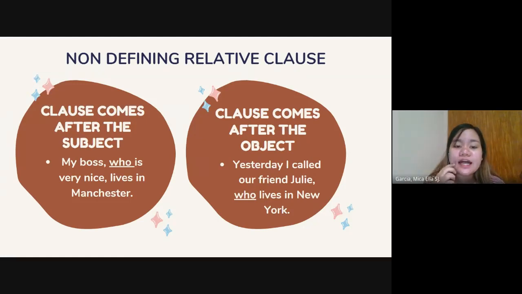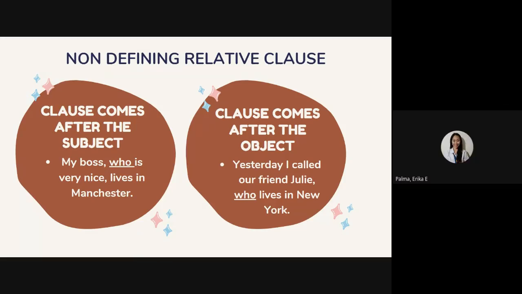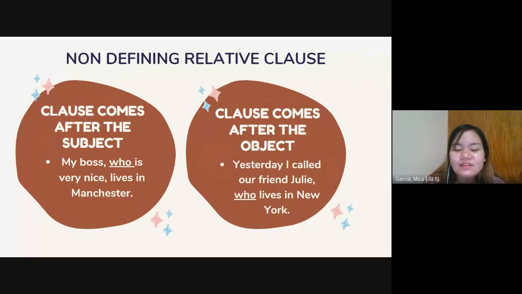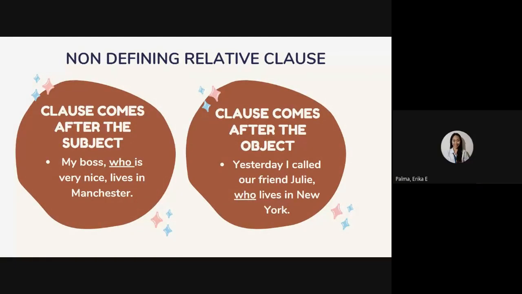Will you please identify which is the non-defining relative clause in the sentence? Who lives in New York po. All right, thank you. What will be the sentence if we remove this non-defining relative clause? Yesterday I called our friend Julie.